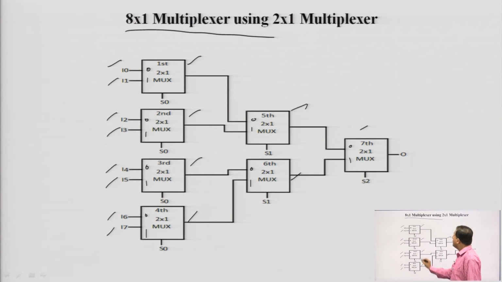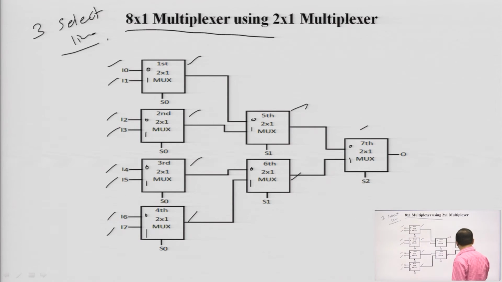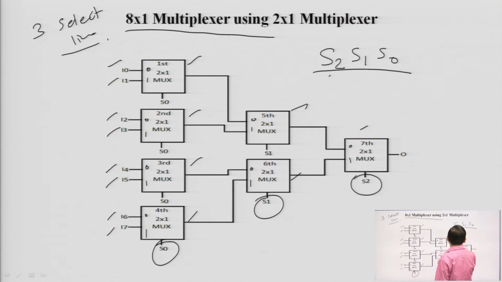Now, for the 8 cross 1 multiplexer with 3 select lines, we have S2, S1 and S0. S0 is connected to all of the first-stage multiplexers because all are the same. Similarly, like the previous example, let us implement S2 S1 S0 equal to 1 1 0.